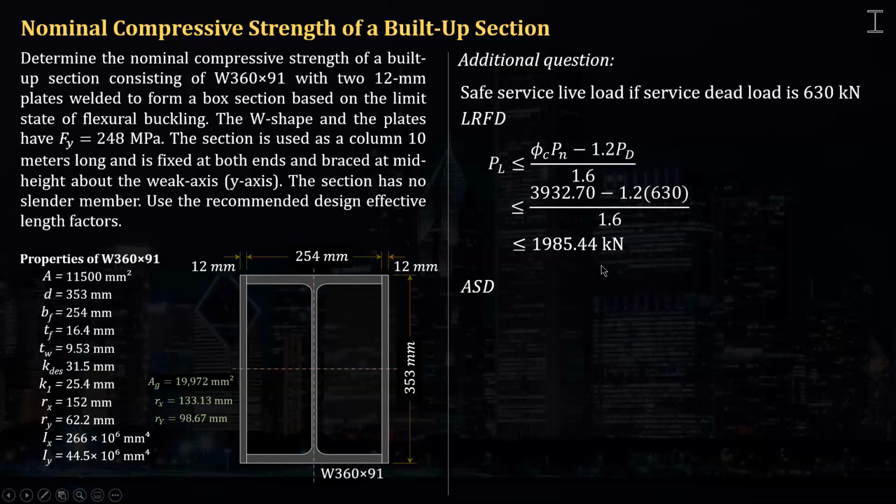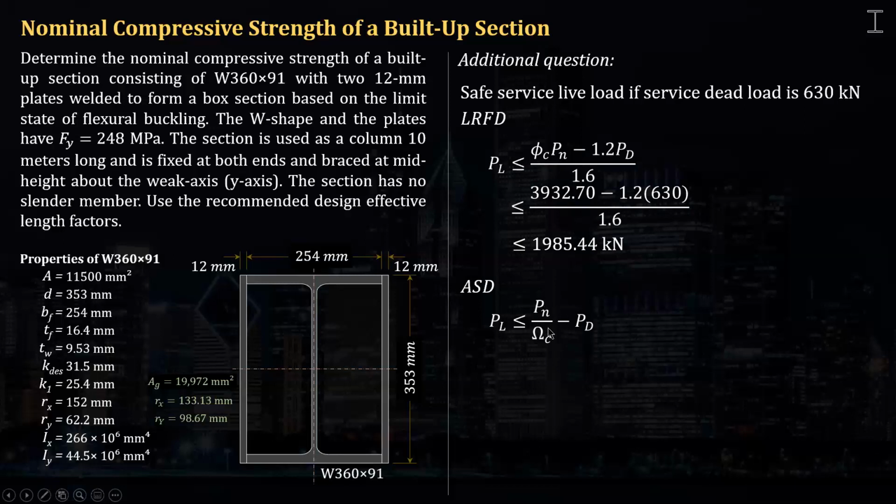And if we are to consider ASD, we know that the ASD allowable compressive strength Pn over omega C must be greater than the sum of the live load and the axial dead load without factors. So if we're to calculate the live load, it's just the difference.